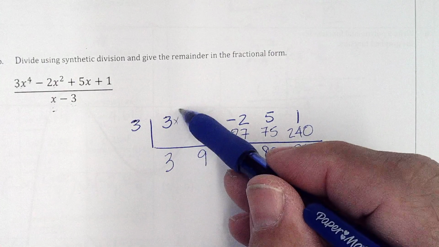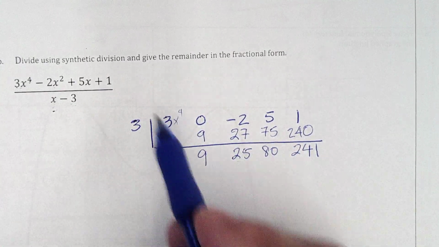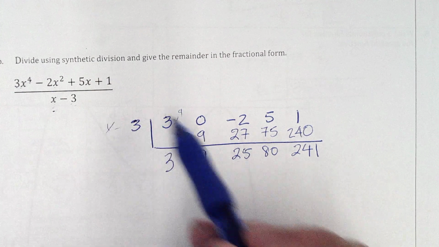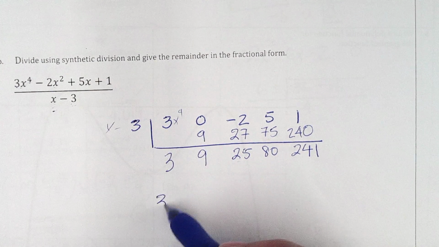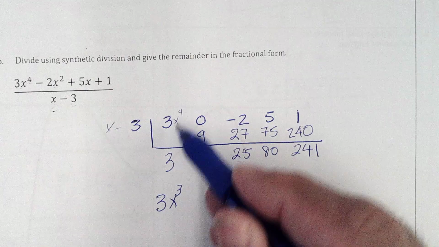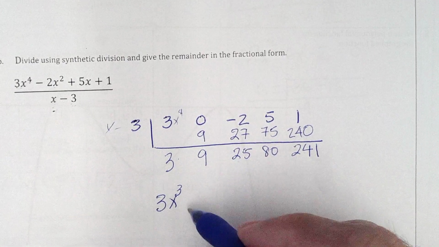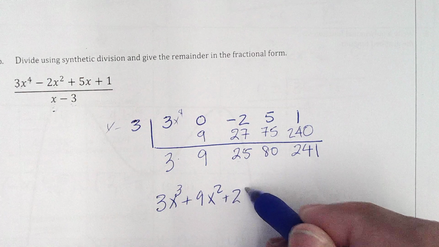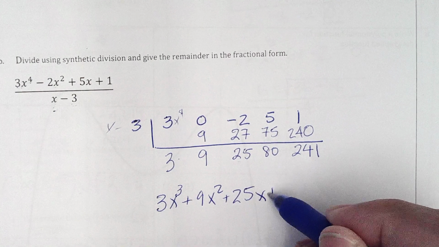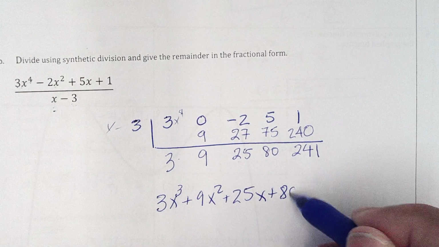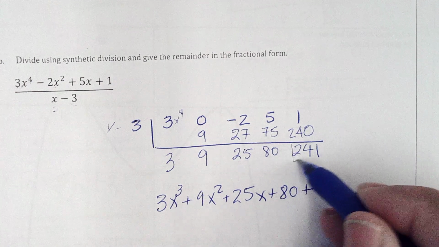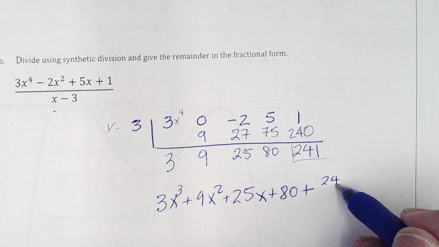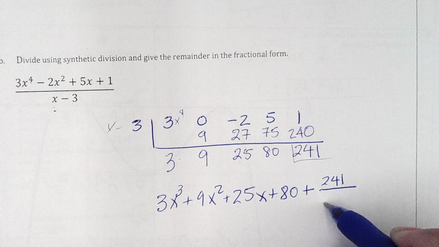This was x to the 4th, so my answer when I'm dividing by x minus 3 is 3x to the 3rd, goes down by 1, plus 9x squared plus 25x plus 80 plus my remainder over what I was dividing by.